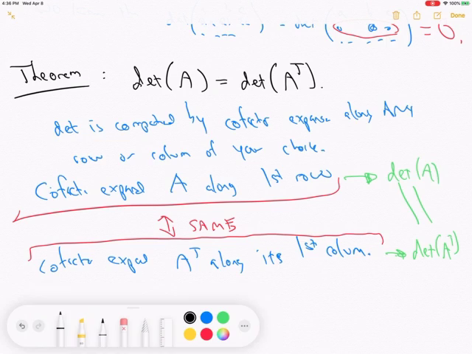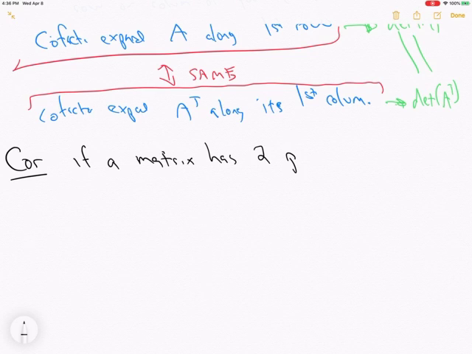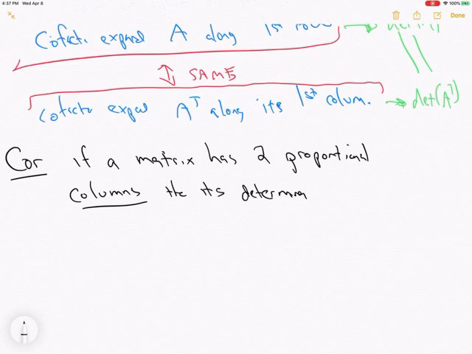So in particular, a corollary of that, just combining everything, is that if a matrix has two proportional columns, then its determinant is 0.